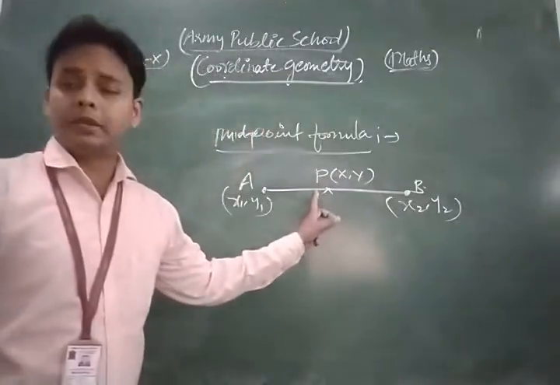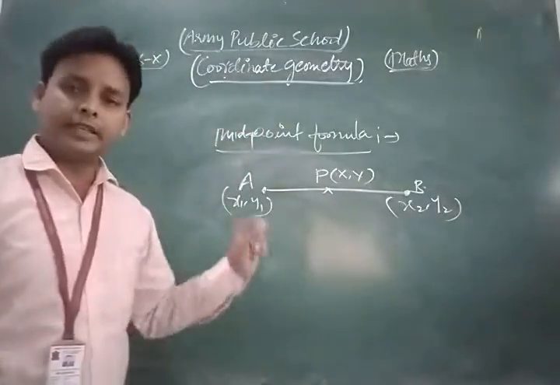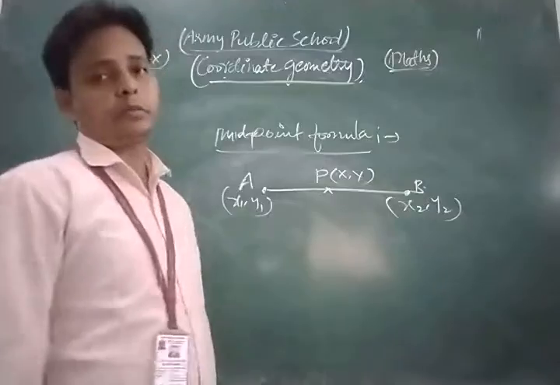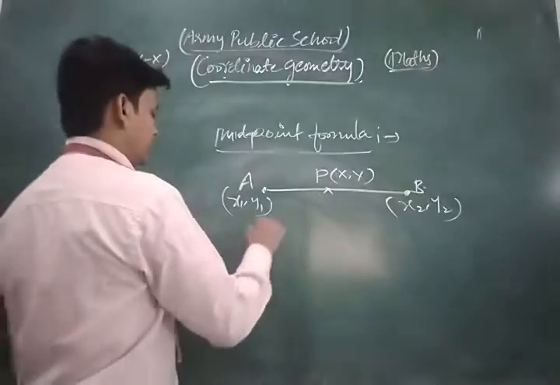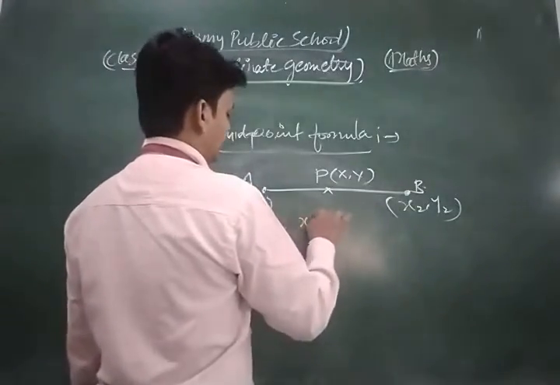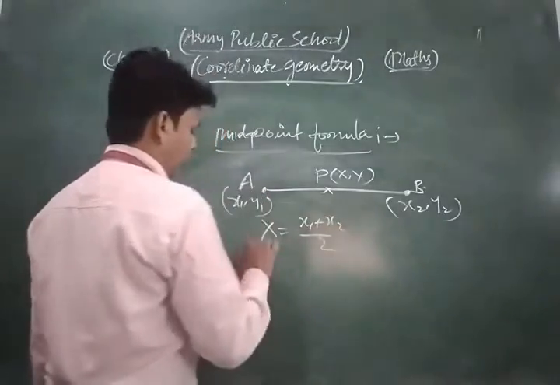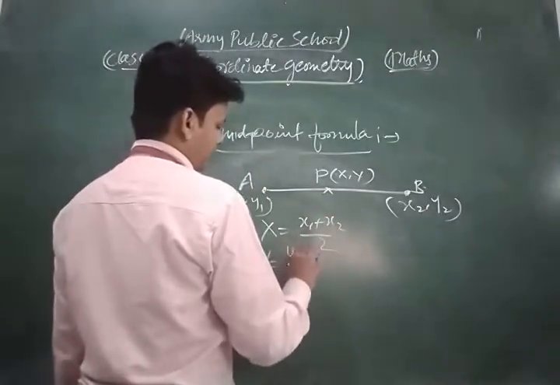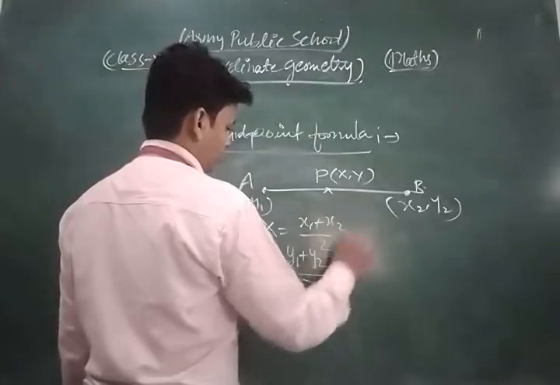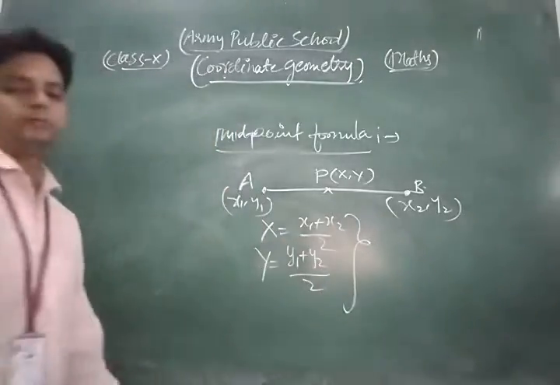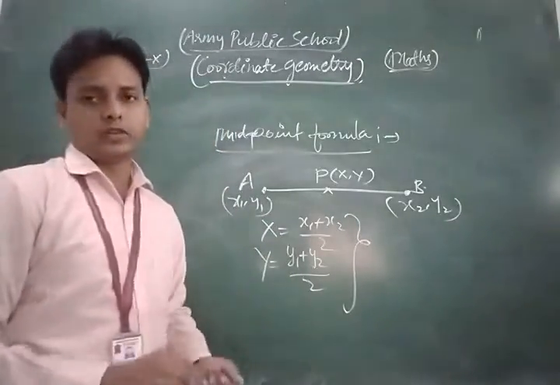Then the coordinate of P is: for x, that is (x1 plus x2) upon 2, and for y, that is (y1 plus y2) upon 2. This is a very important formula related to that topic.